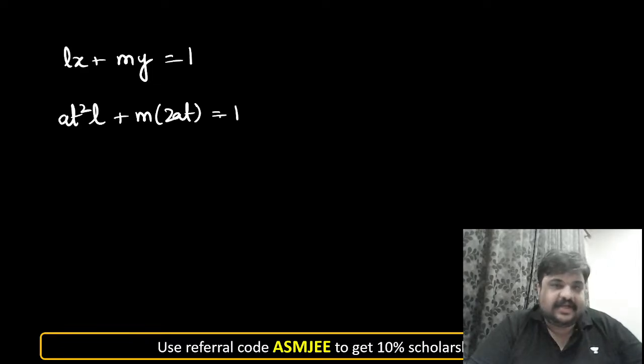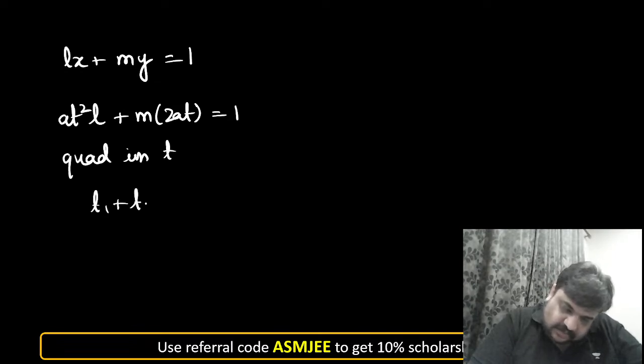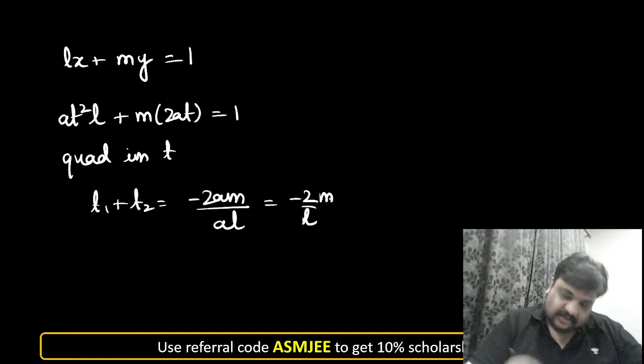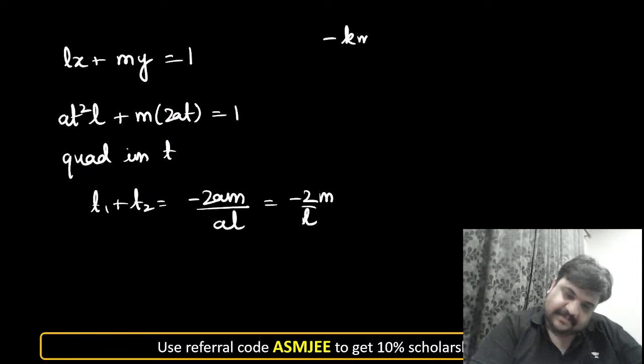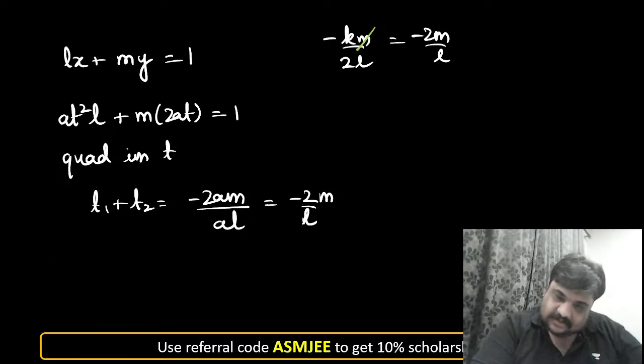Now it's a quadratic in T. So T1 plus T2 should be minus 2am upon al, which is minus 2m by L. So let's equate it now. Minus Km by 2L is equal to minus 2m by L. This is what he intends to make us do. M and M cancel, L and L cancel, so K is equal to 4.